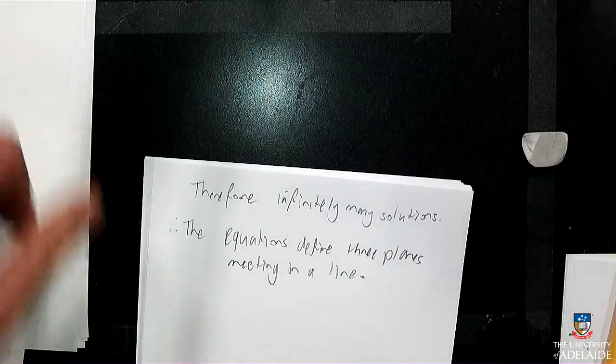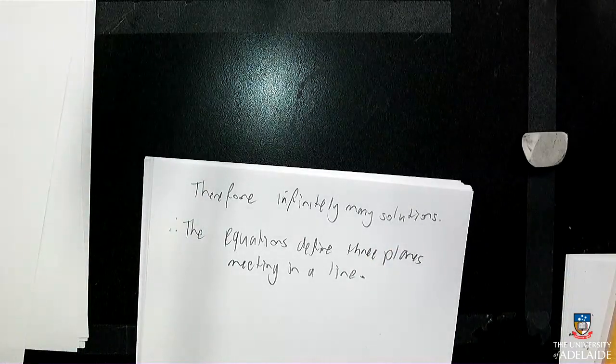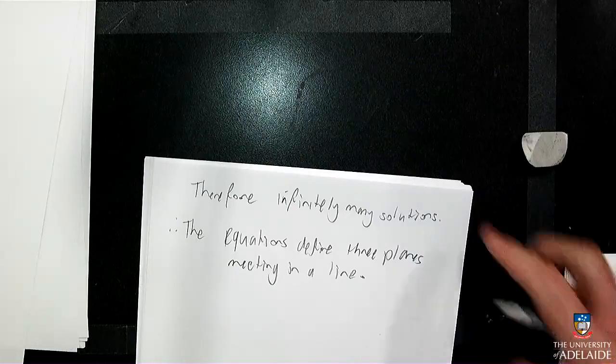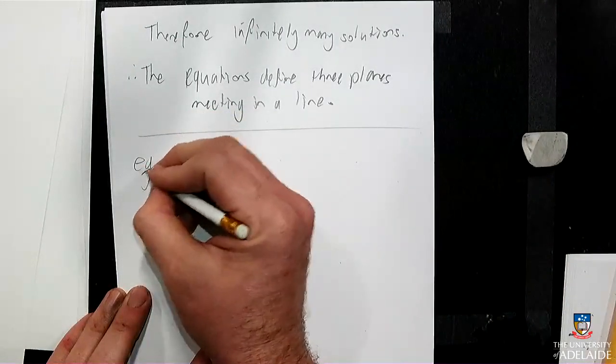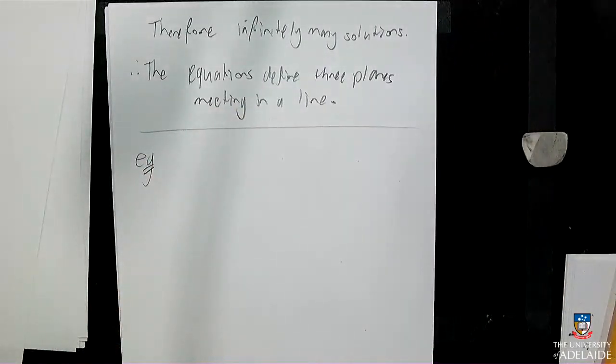So one final example. You know how back in the first bit I had three lines and I had a k and I wanted to know what values of k made it have various numbers of solutions? Well, let me do that as well.